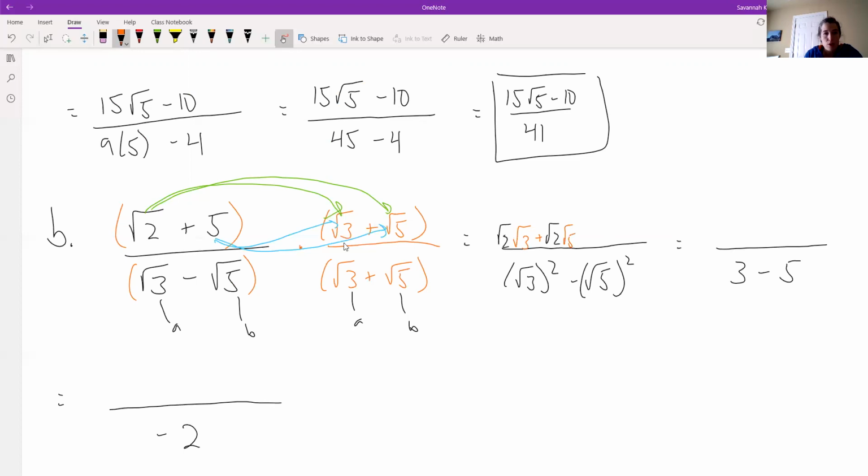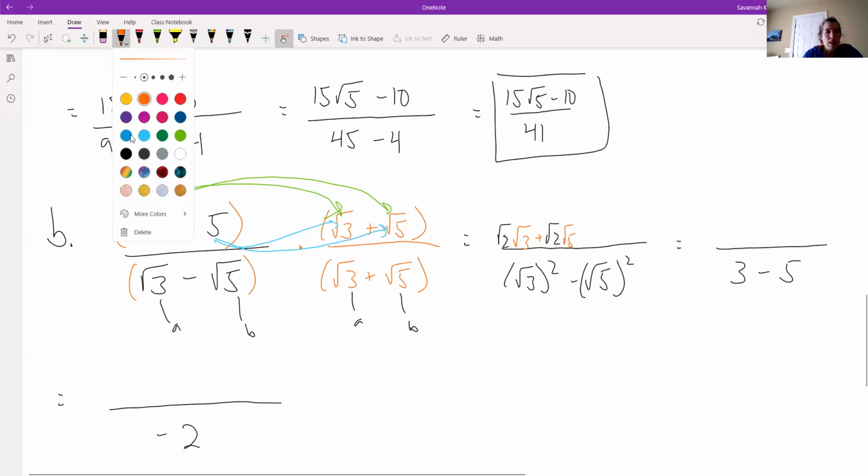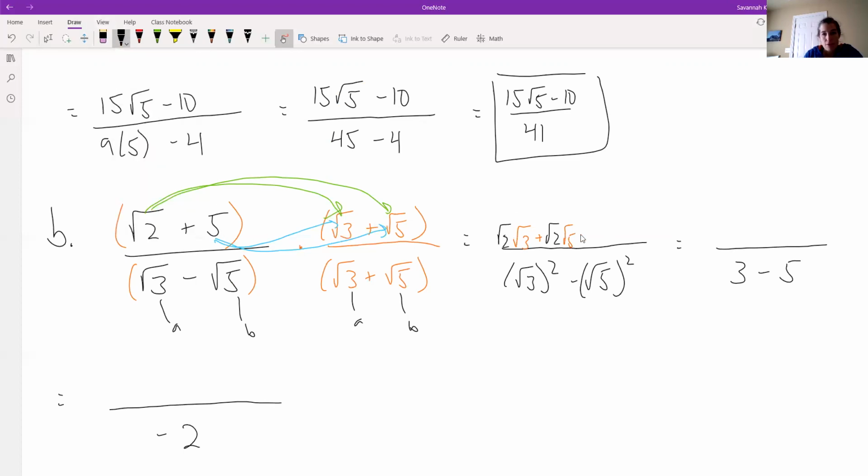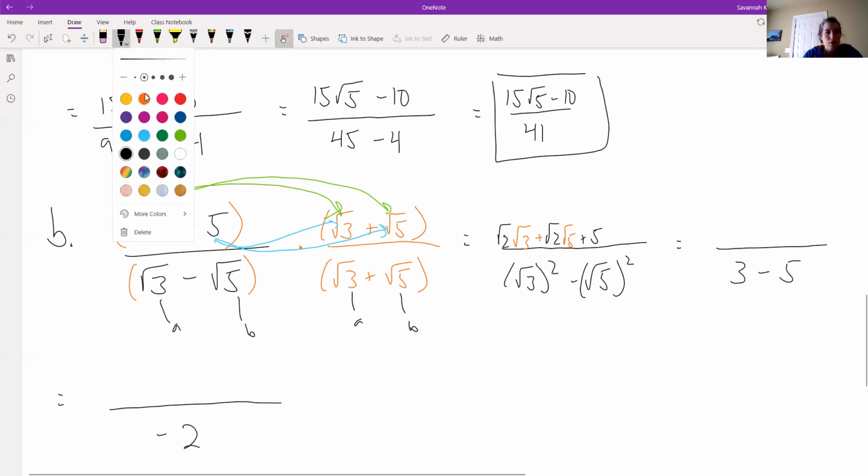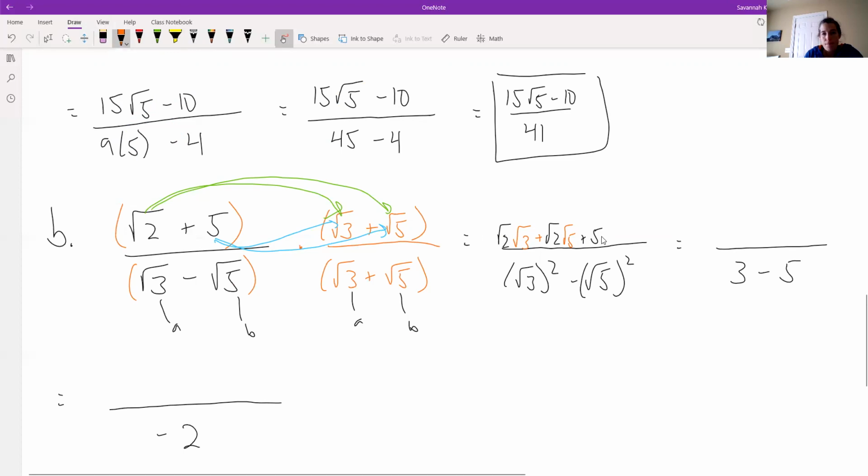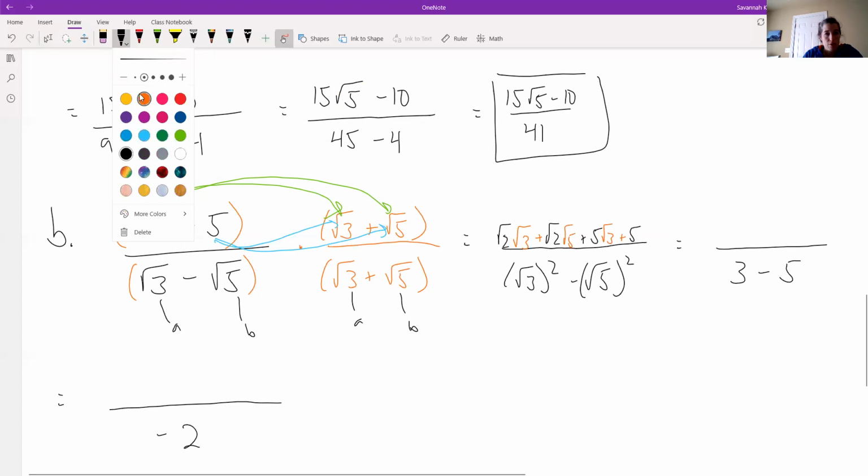Okay, done with the square root of 2. Now we come and get that 5 times the square root of 3, plus 5 again times the square root of 5.